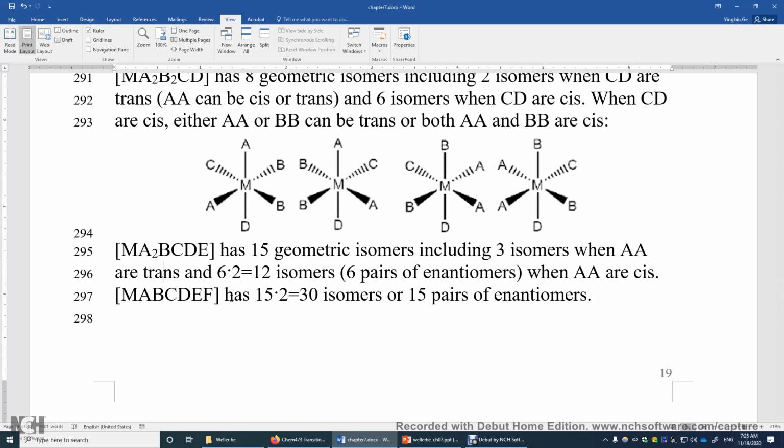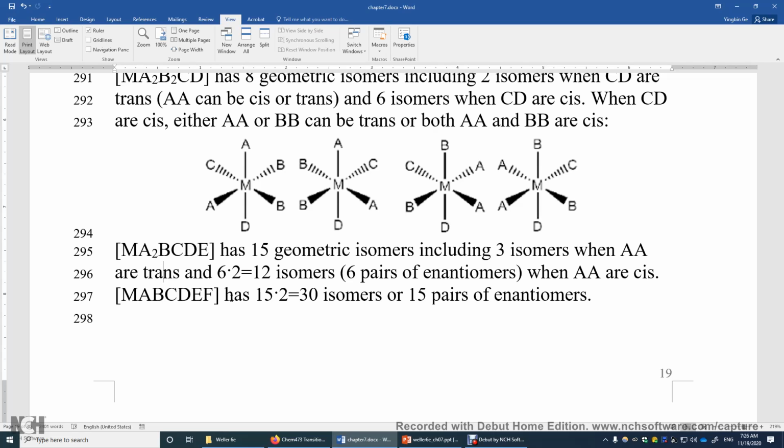and 2 other ligands and the transition metal on the same plane, and then you need to put one ligand on top, another ligand on the bottom. So there are 6 different arrangements. Okay, you can put BC, one on the top, one on the bottom. It doesn't matter which one is on top, which one is the bottom, because they will be identical.